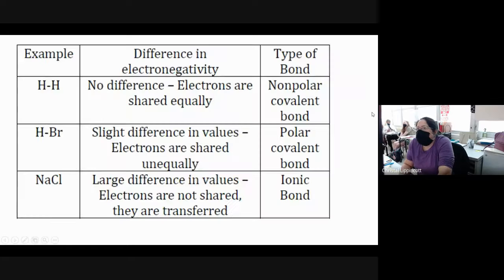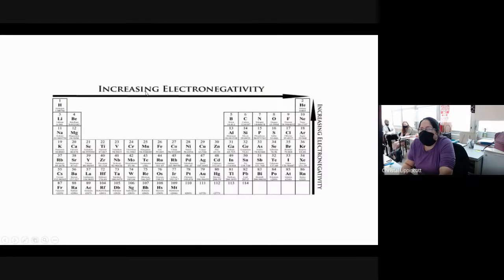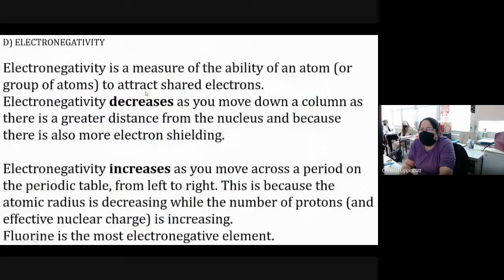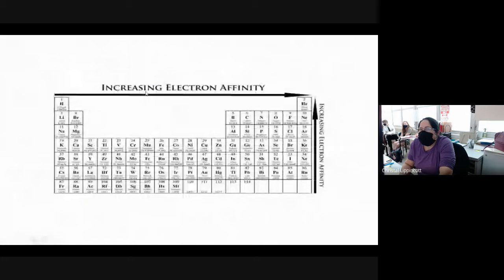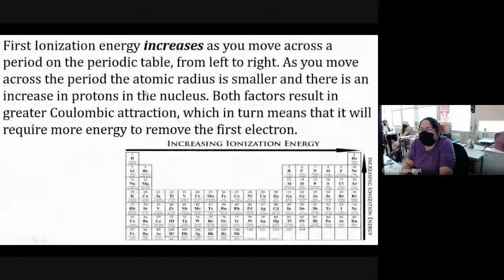Okay. So when we're looking at higher first ionization energy, we're doing sodium and lithium, and fluorine and oxygen, right? Sodium and lithium, when we look at ionization energies, sodium is here, lithium is here.